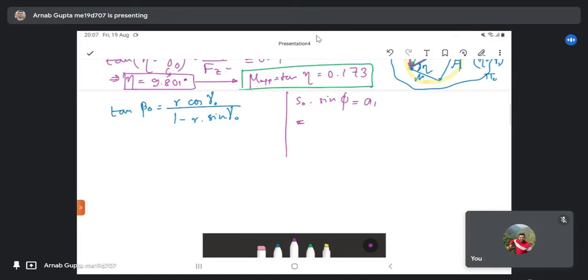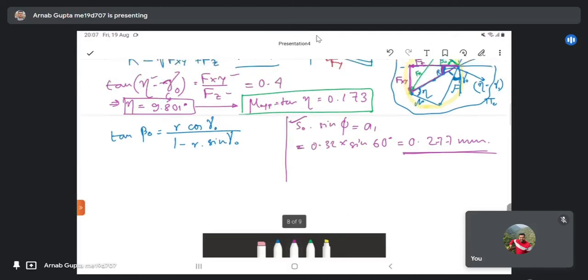That comes out to be around, okay, so this is the uncut chip thickness. From this expression, you have calculated the uncut chip thickness to be approximately 0.3 millimeter.